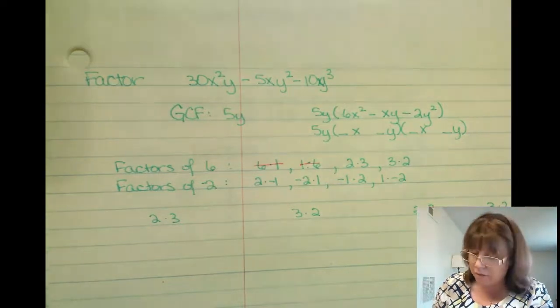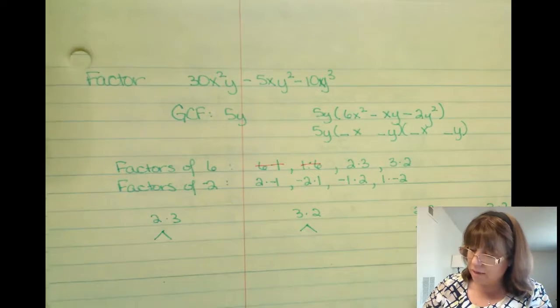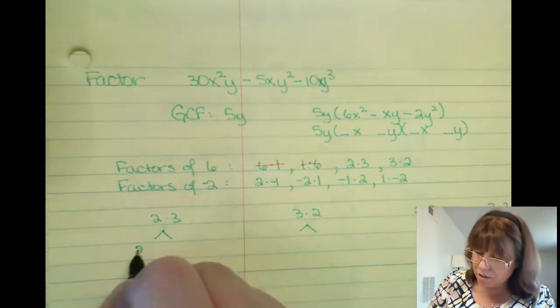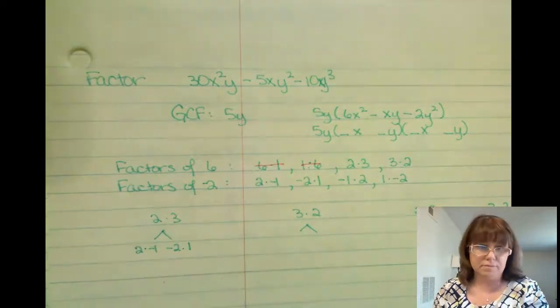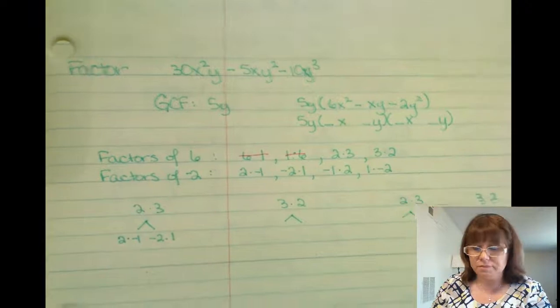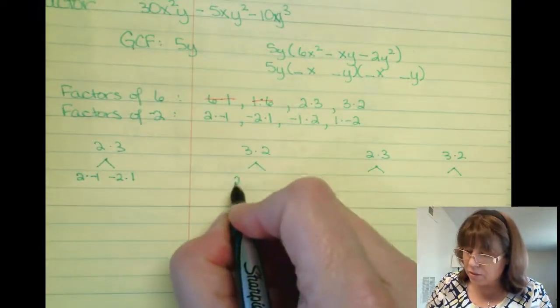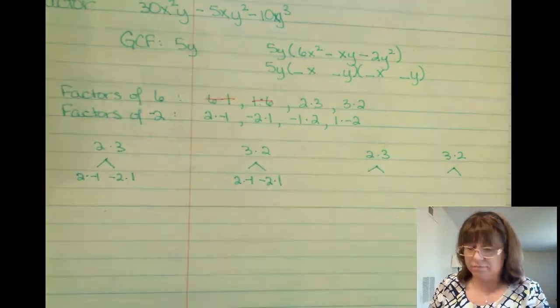Now, why did I write that out? So I can see each pathway that I'm going to go down. The first is going to be the 2 times negative 1, and the other one is a negative 2 times 1. The second option is going to be 2 times negative 1 and a negative 2 times 1.